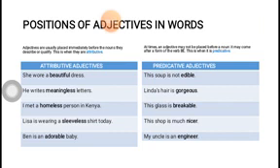Look at the examples we have here. She wore a beautiful dress. What type of dress did she wear? A beautiful dress. The word beautiful in bold color is an adjective. He writes meaningless letters. The word meaningless there is the attributive adjective that is describing or qualifying the noun letters.